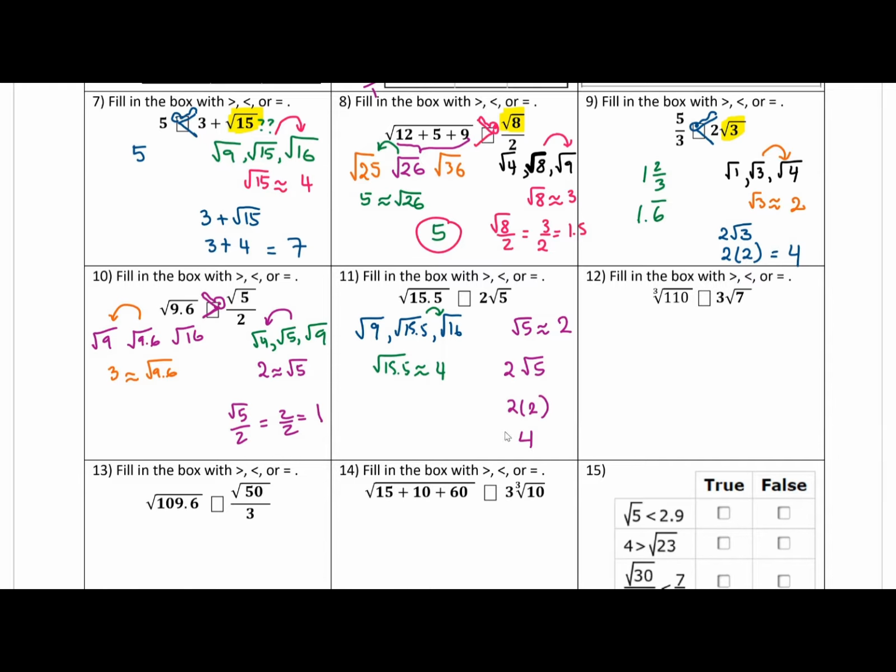So they both equal 4. So which inequality sign should I choose? Should I put equal? Are they really equal to each other? The answer is based on this one. 15.5 is less than 16, which means this is less than 4.